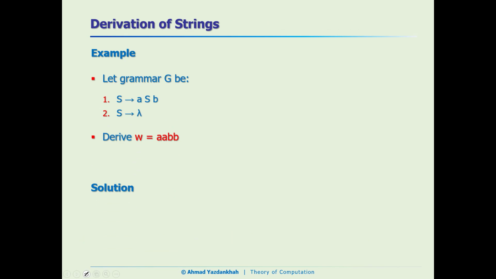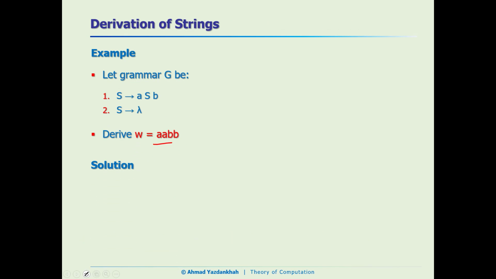Let me take another example. How about AABB? The same grammar. Okay, now we are a little bit more knowledgeable. We would say, okay, we start with this. We use production rule number one, and we have ASB. We keep an eye here that we are looking for two A's.